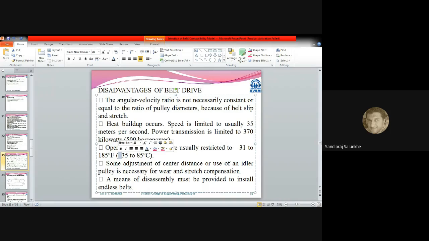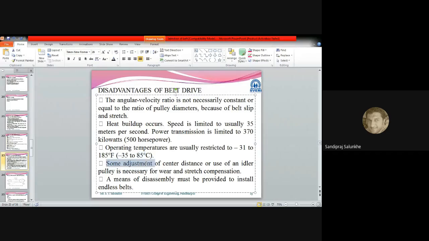It may be chain or it may be gear. Again, there are different challenges for transmitting power below minus 35 degrees Celsius and above 85 degrees Celsius. If you want to transmit power in an environment where the temperature is above 85 degrees Celsius, then this belt drive cannot be used.